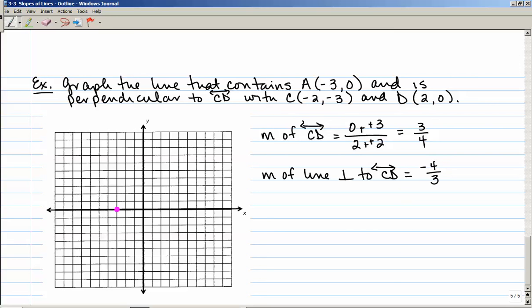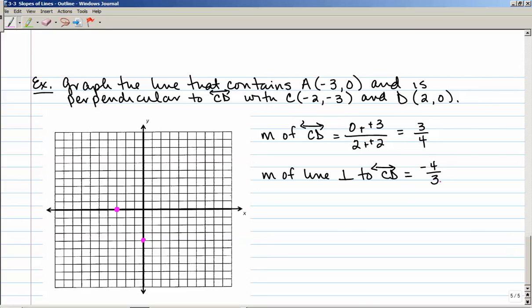So I have one point on the line I need to graph, and that's the point right here, (negative 3, 0). And I'm just going to use my slope to move and graph a couple other points from that point. So recall that a slope of negative 4/3 means I can go down 4 and right 3.